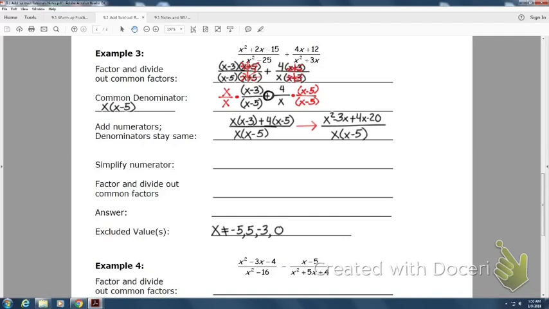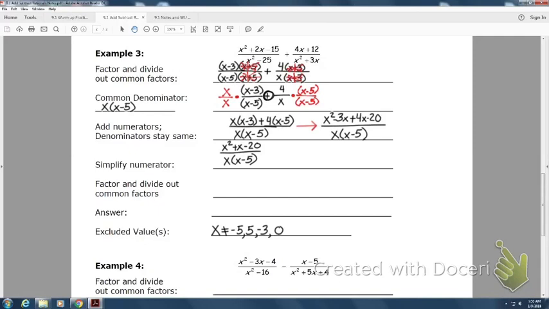Once we've got those distributed, I then need to combine my like terms. So those two x terms, negative 3x plus 4x, would just give me x. And so that would be the simplified form, but then I will need to factor that numerator if possible.